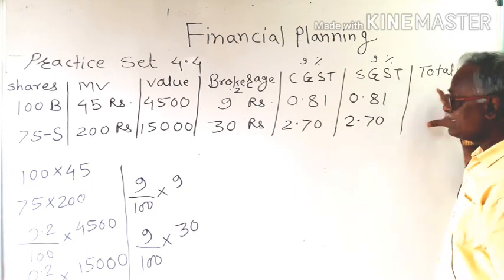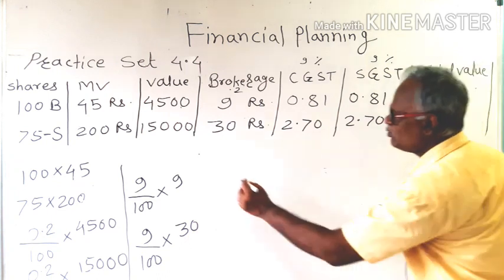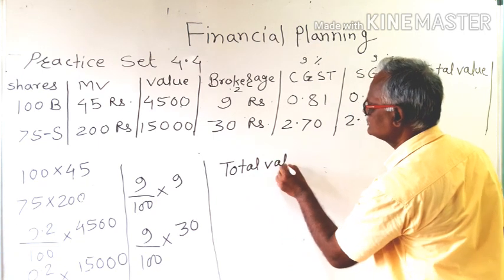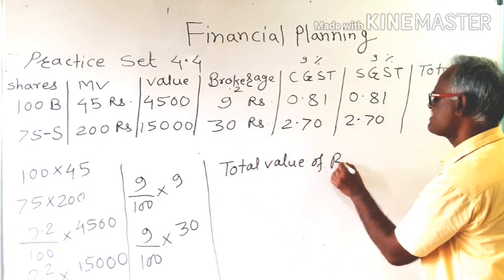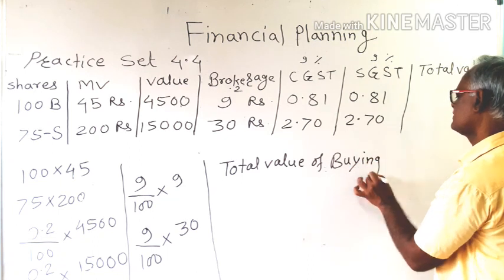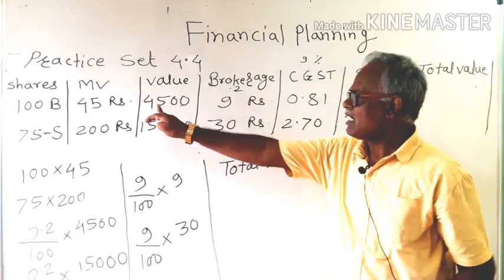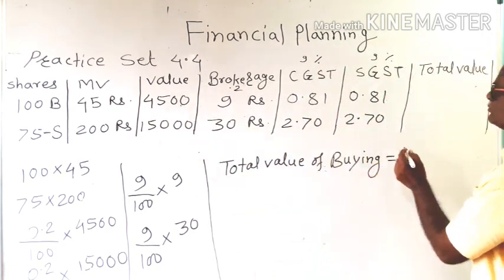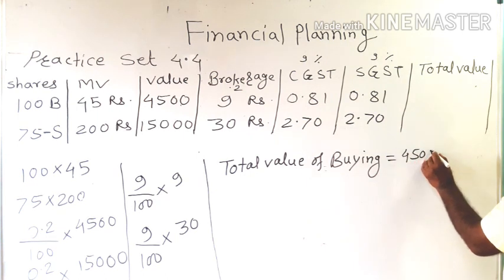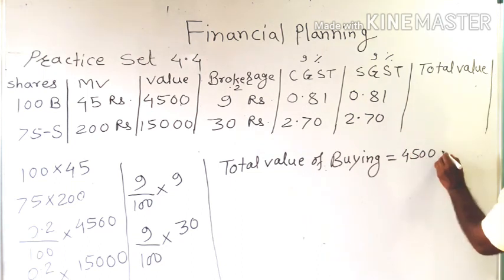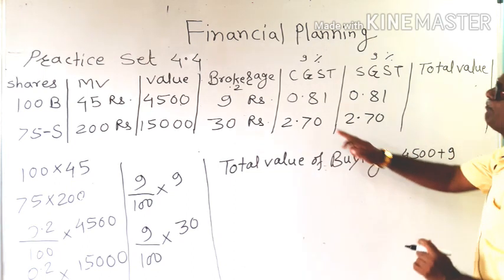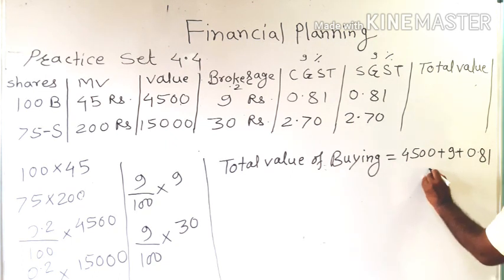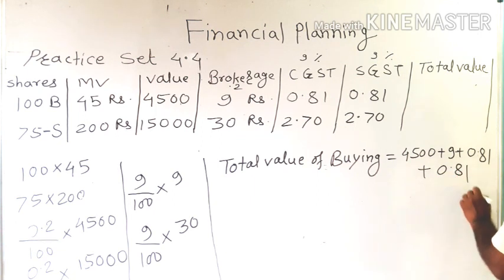Now understand this difference between buying and selling. Total value of buying is equal to the total value of shares that the person got, 4500, plus brokerage 9, plus CGST 0.81, plus SGST 0.81.